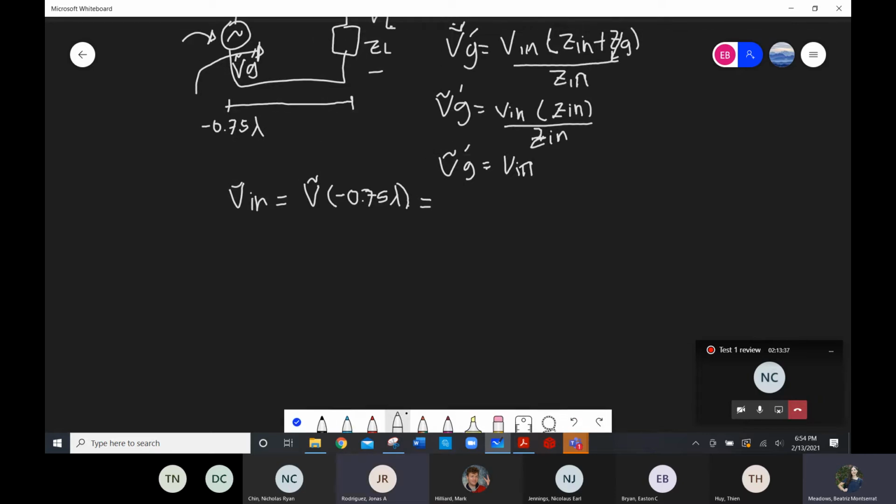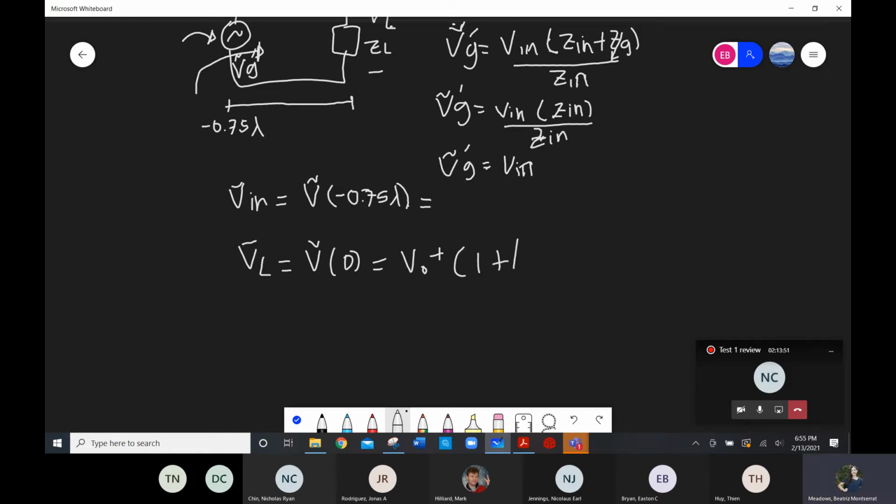So we're given the voltage at the load, which is equal to V at the 0 location. And we know this is V naught plus times 1 plus gamma. And now we know if we want to solve for V naught plus, all we need to do is divide, right?